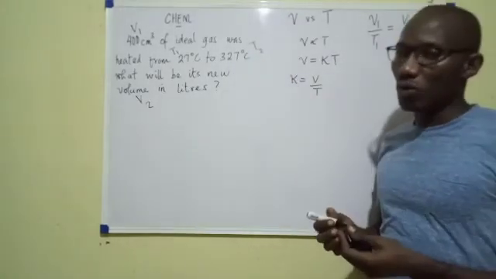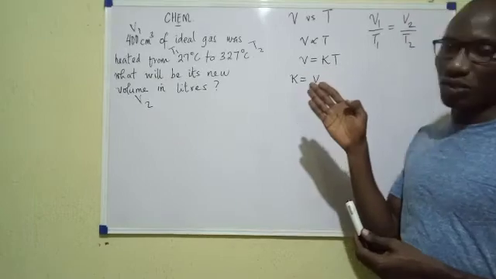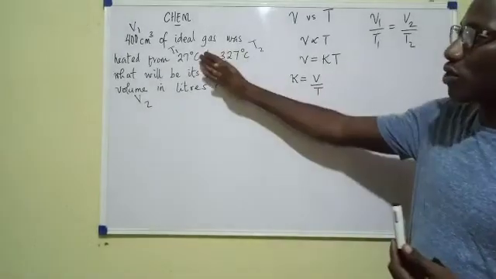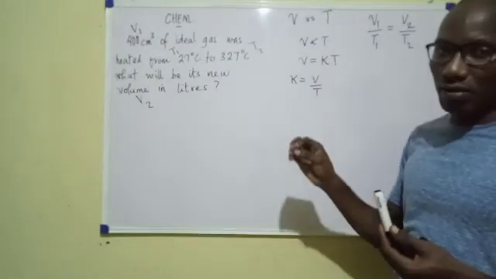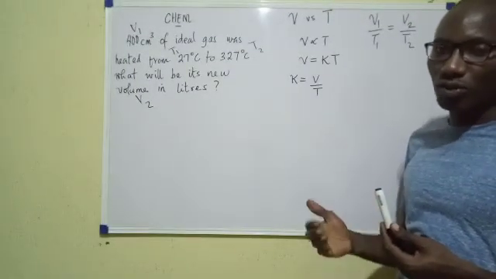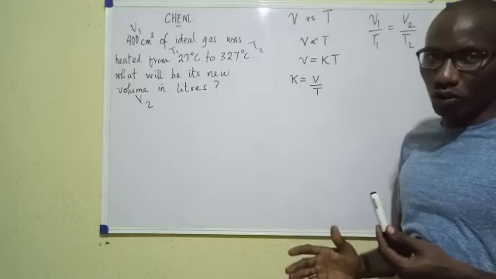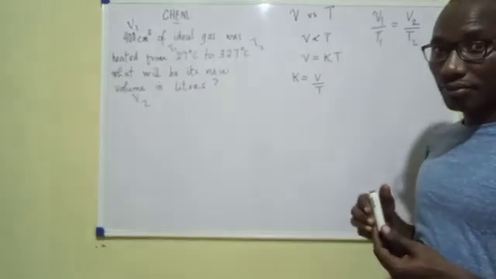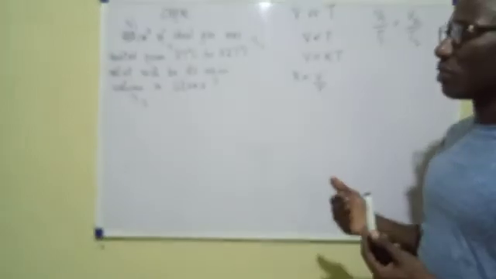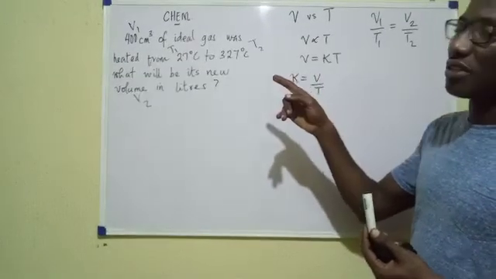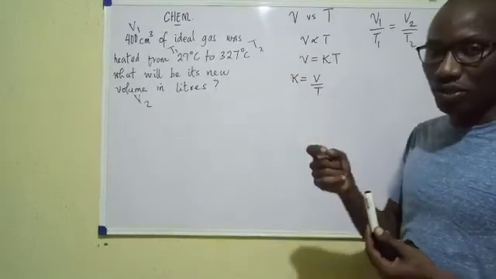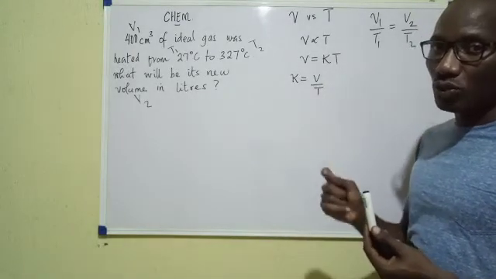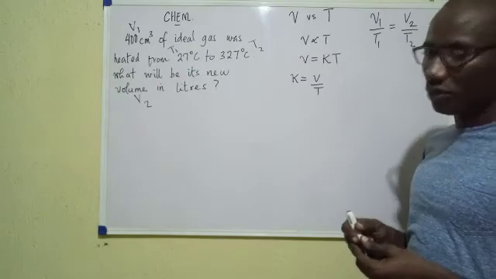But of course, T1 and T2 cannot be used in their original forms now, because we said before that temperature must be converted to Kelvin. In chemistry, we use absolute values of temperature for solving. So how do we convert those values to Kelvin? In our previous lesson, we said that degrees centigrade or degrees Celsius temperatures can be converted to Kelvin temperatures by adding 273 to the values.